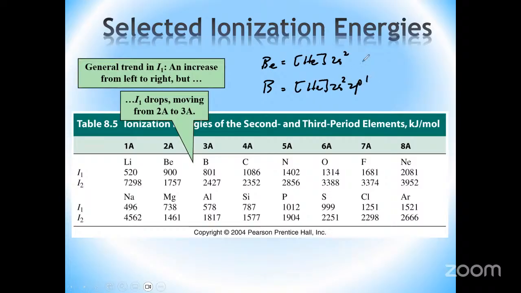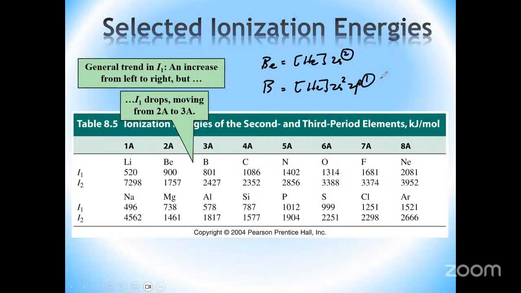In the case of beryllium, the first ionization energy corresponds to the losing of an electron from an s subshell. In the case of boron, that would correspond to the losing of an electron from a 2p subshell, right?